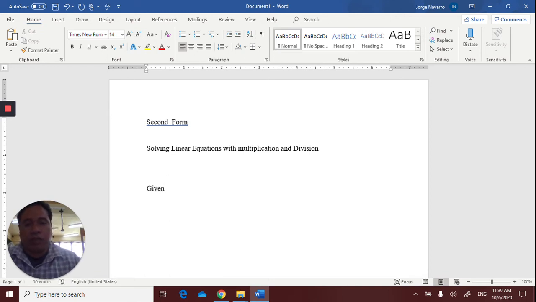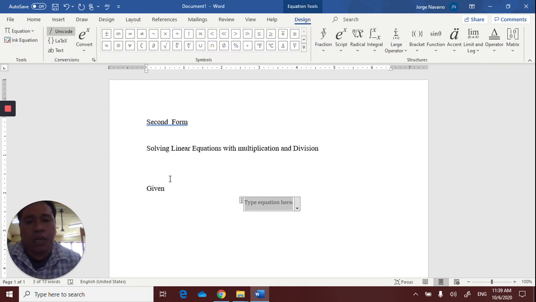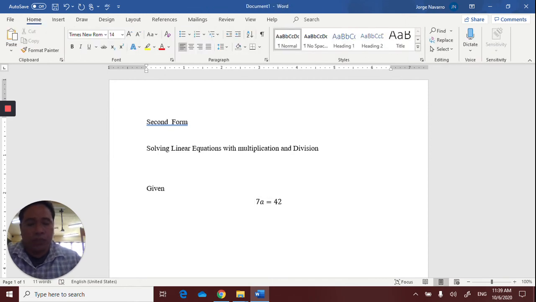So we're given the first problem. I'm going to be using alt equal sign, which is an easier way of working with these. It says 7a is equal to 42. That's the question itself.